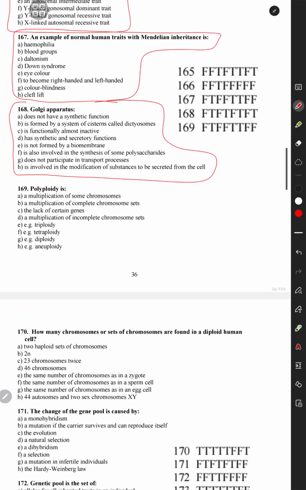Yes. Okay. Polyploidy is a multiplication of some chromosomes. Multiplication of complete chromosome sets. Lack of certain genes.